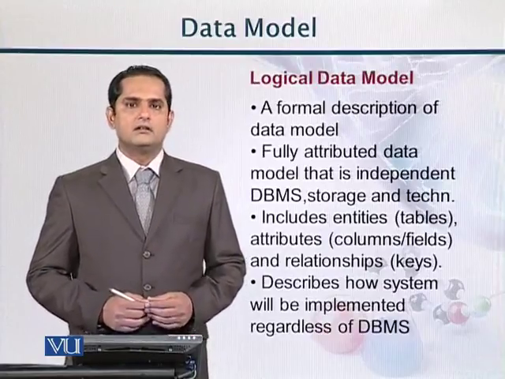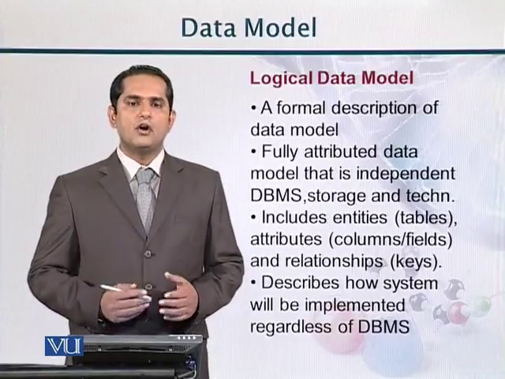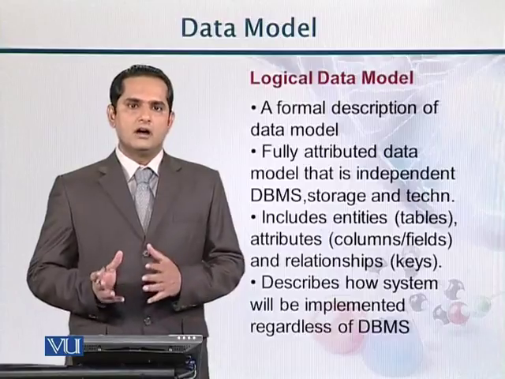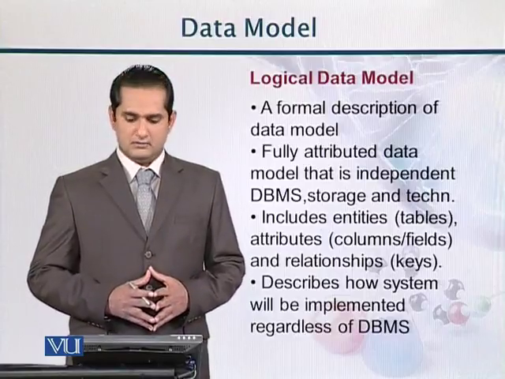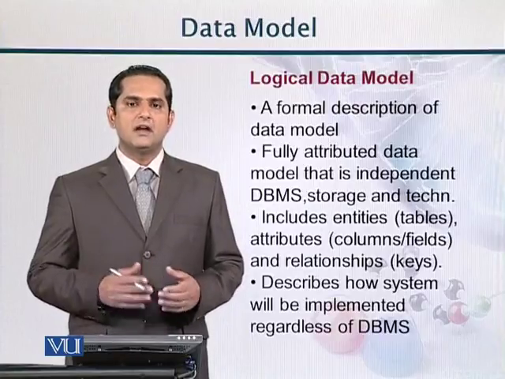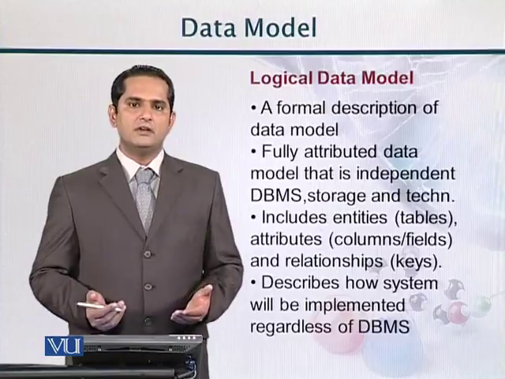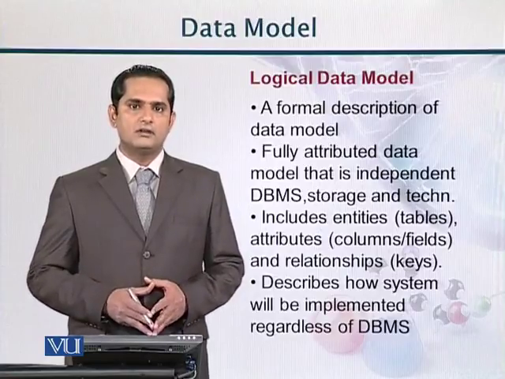The other layer of data model is logical data model. So now we are moving towards the how dimension rather than the what dimension. So what are the main points? It is a formal description of data model. By formal, we mean that we will be using some mathematical or computational tools to model this data model.